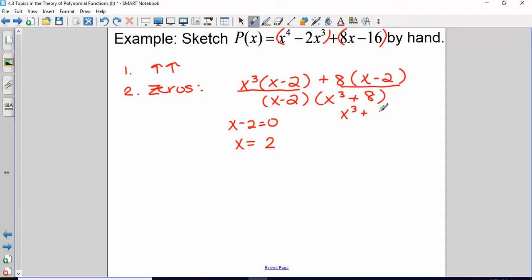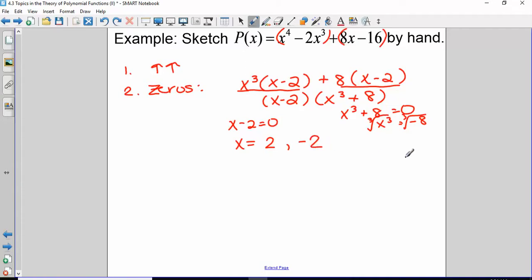If x cubed plus 8 equals 0, what would you do? How do you get rid of a cube? Cube root. Do you have to do a plus and minus if you do a cube root? No, only for an even root. And what's the cube root of negative 8?